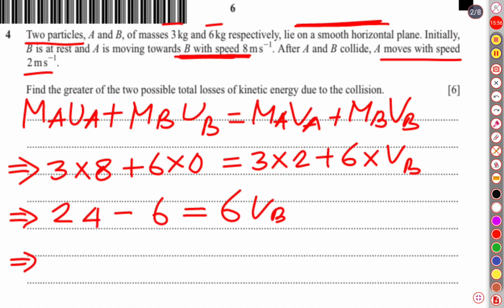Hence the velocity of B after collision is going to be 24 minus 6, which means 18. 18 over 6 means 3 meter per second, assuming that both particles after collision were moving in the same direction. Okay, if the direction was different, that is the second possible case.